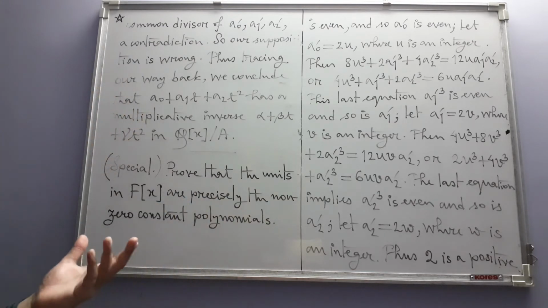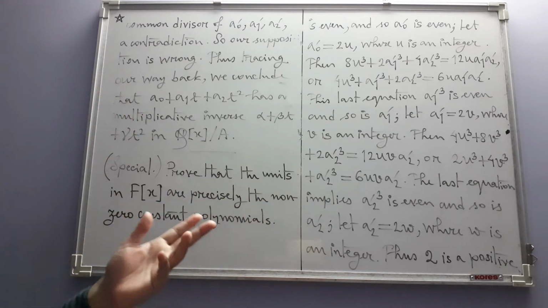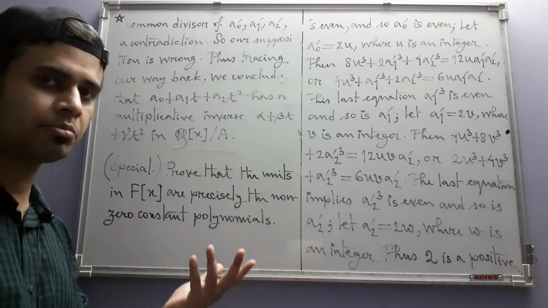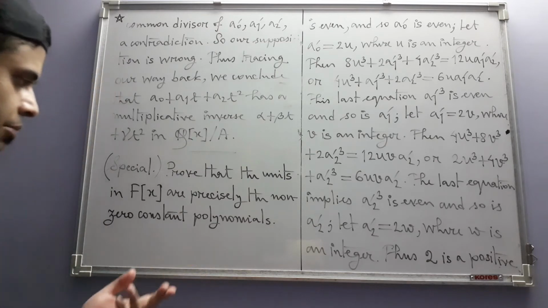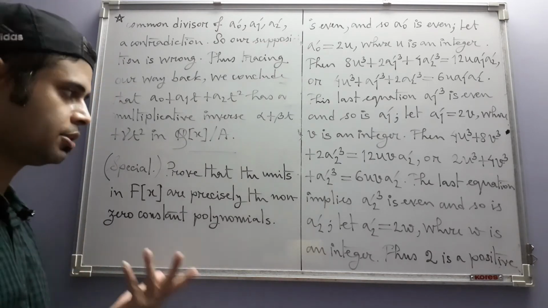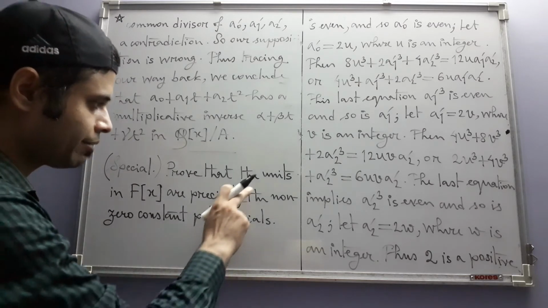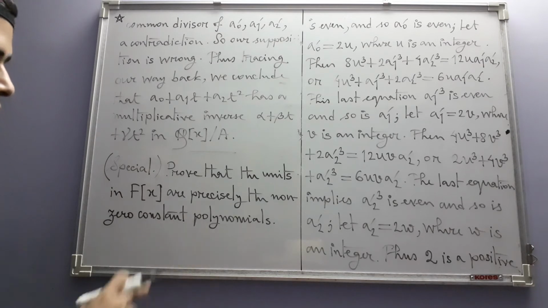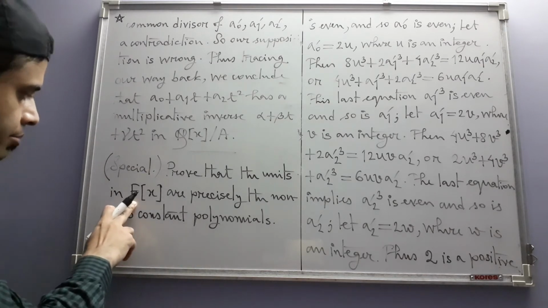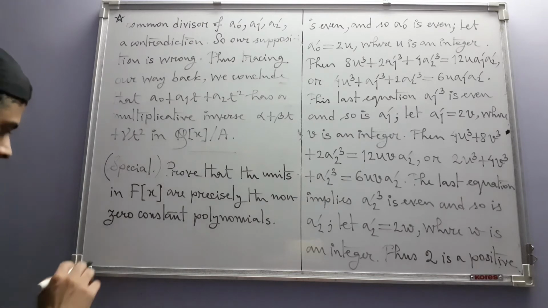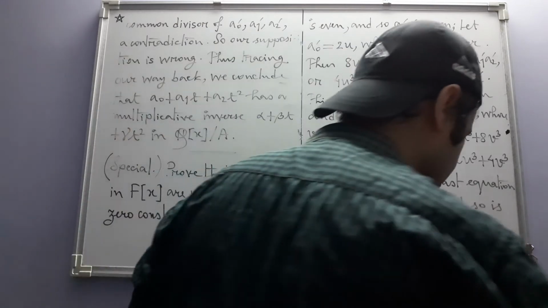That is, as a ring which has a unit element, the unit element of course is a unit, it has a multiplicative inverse, but there may be other elements which also have multiplicative inverses, that is, which are also units. So we have to prove that the units in this ring are precisely the non-zero constant polynomials, that is, elements in F considered as polynomials. Okay, so the solution goes like this.